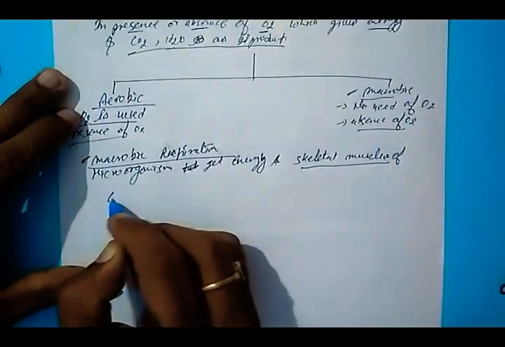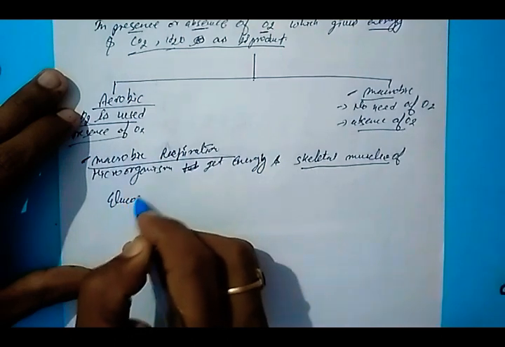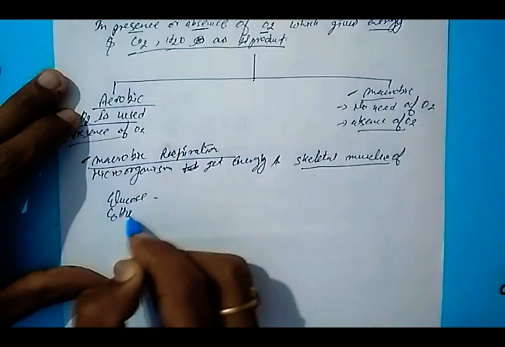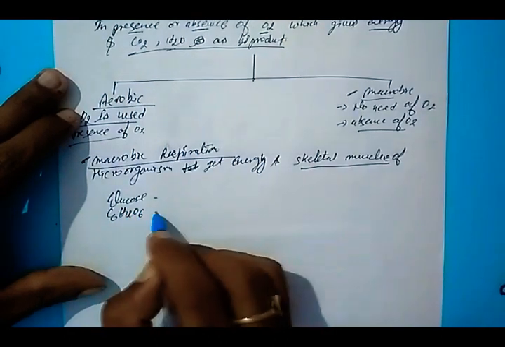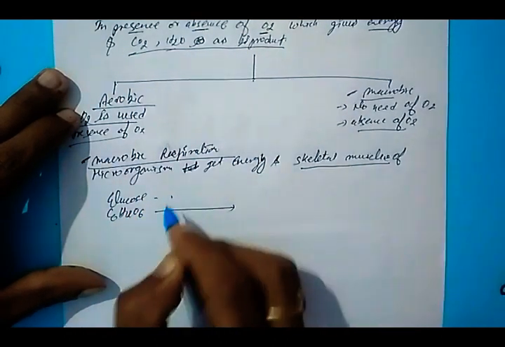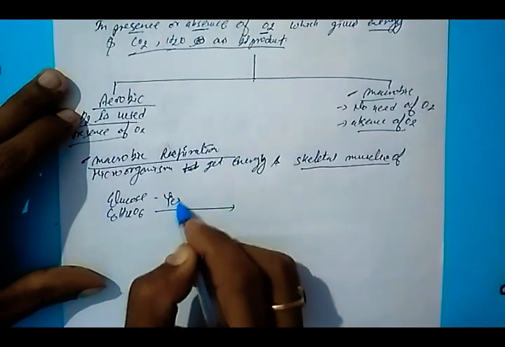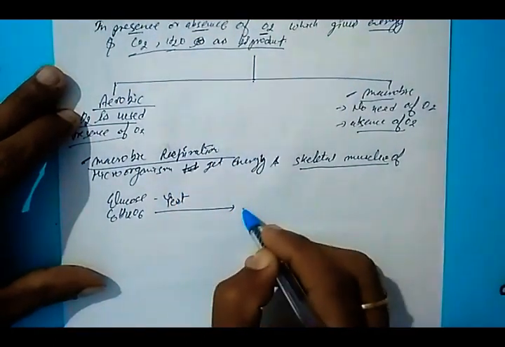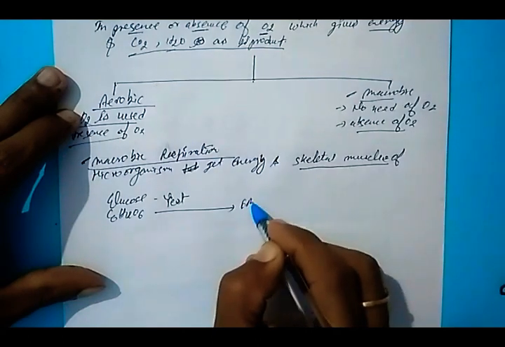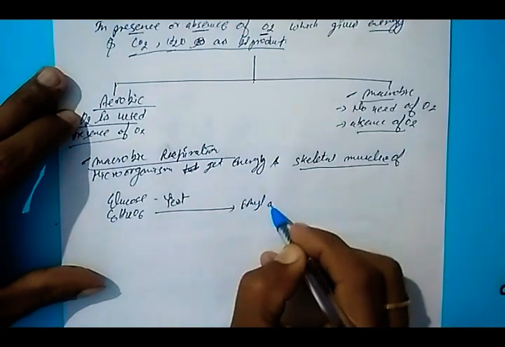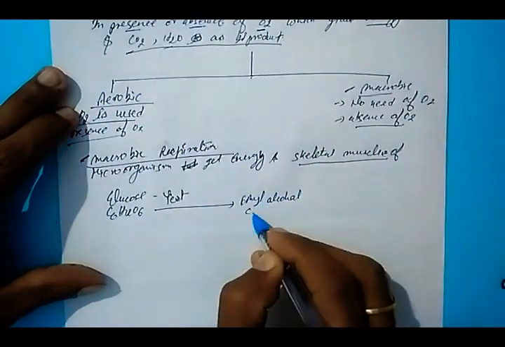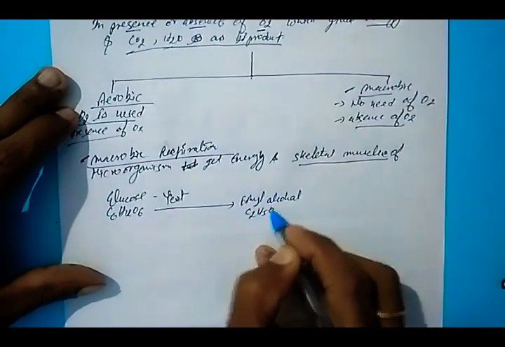In bacteria, glucose, C6H12O6, for example in yeast, is converted into ethyl alcohol. The formula is C2H5OH.